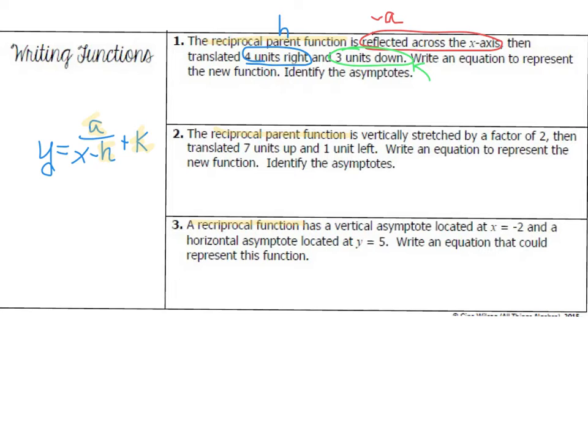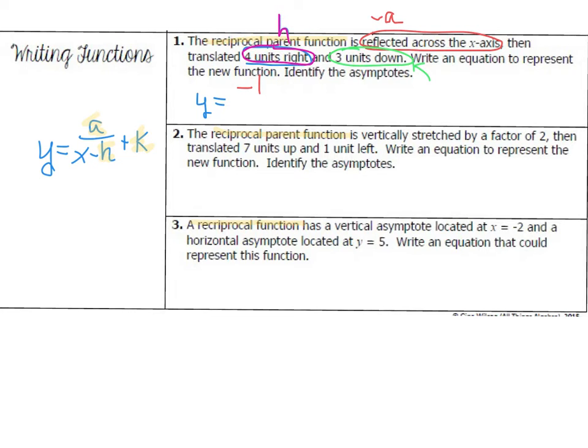Then we're going to write an equation and identify the asymptotes. So there's nothing about a vertical stretch or shrink. So we're just going to write y equals, my a is going to be -1. And I guess I'm going to put this in pink since I wrote in blue.